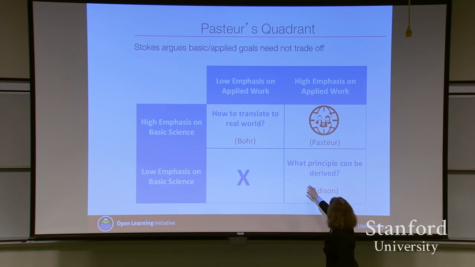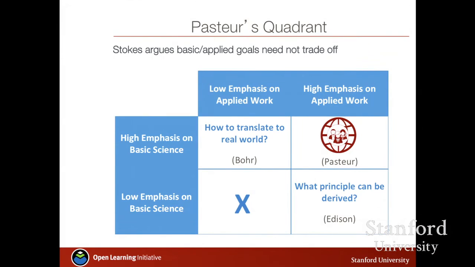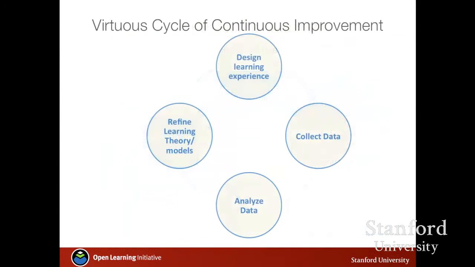Where I believe learning research needs to be is up here in Pasteur's quadrant, where we construct the interventions, we construct the research so that we are simultaneously making progress on our fundamental understanding of human learning at the same time that we're solving a real-world learning or educational challenge. And this gets to the virtuous cycle that Michael was talking about. We start with our current learning theories and our current ways of modeling data.